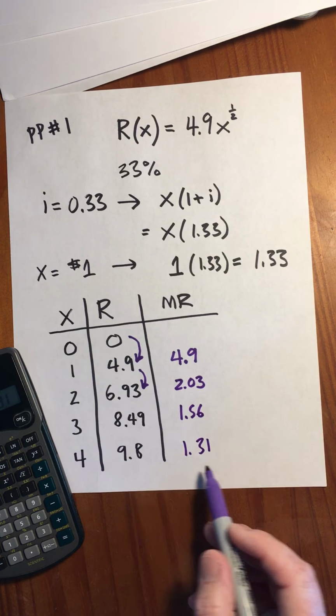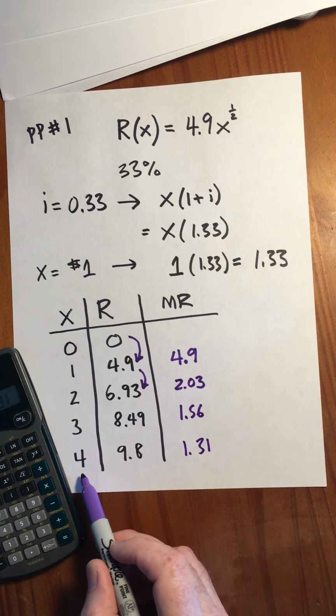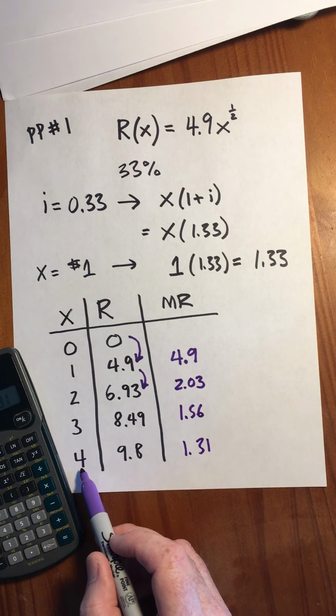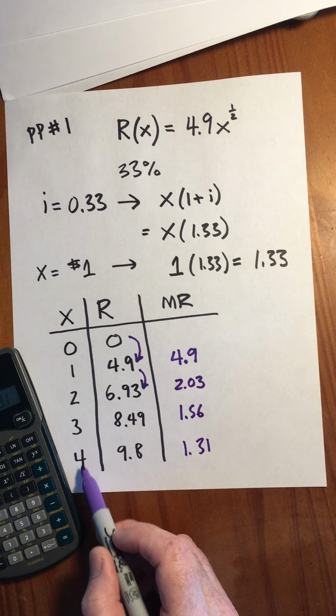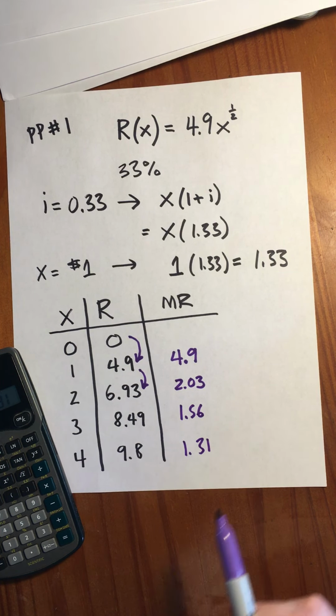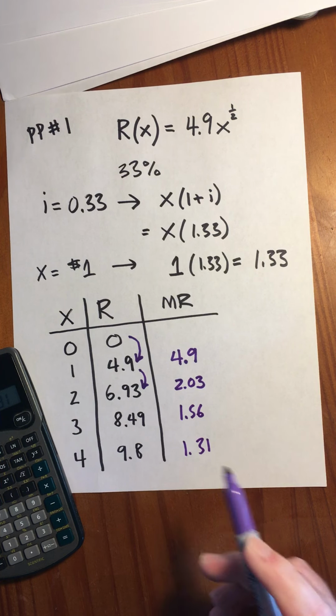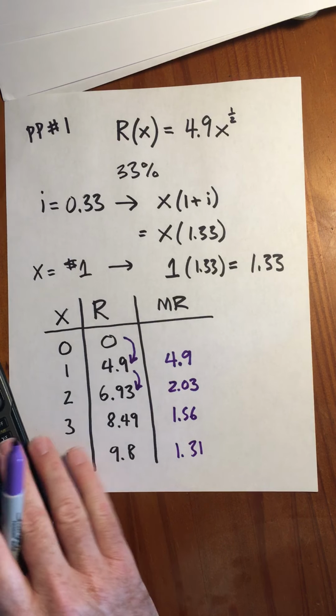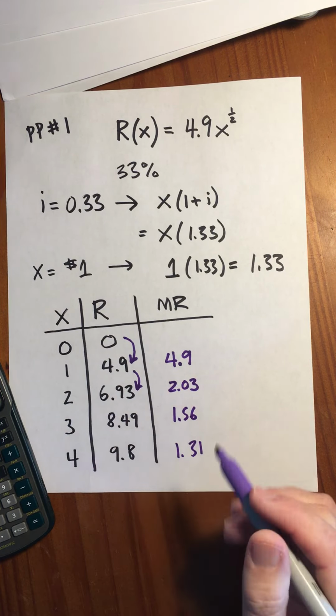The way I'm reading this is that the fourth dollar of capital, for example, if you put it in the firm when you already have 3 in, your revenue goes up by $1.31. At this point, we have pretty much everything we need, so we're ready to solve this.